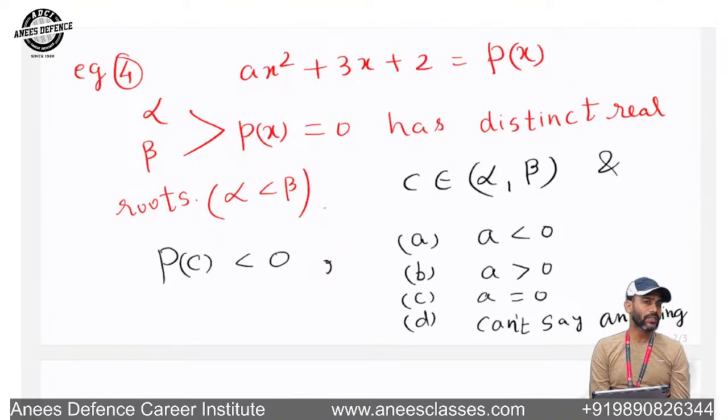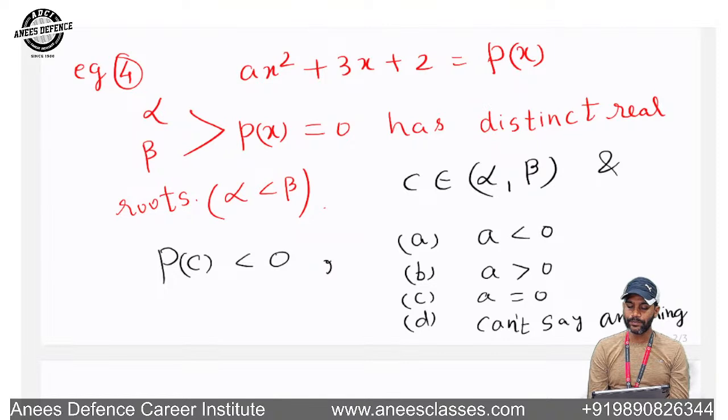We have already covered this concept. ax square plus 3x plus 2 is greater than 0 at the point where p of c is negative.